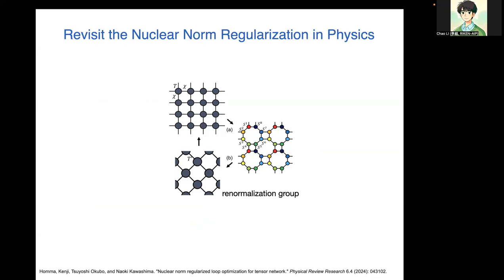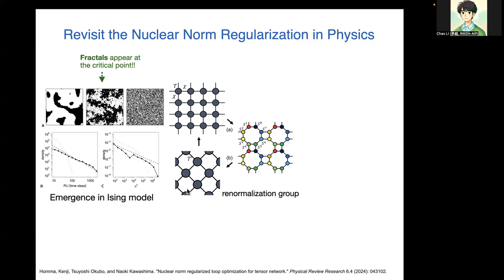Interestingly, this tensor ring completion method we proposed back in 2019 has recently found a surprising new application in physics. The method was used for the optimization in the process of the so-called renormalization group. And the renormalization group is an important tool to study the critical two-dimensional Ising model.